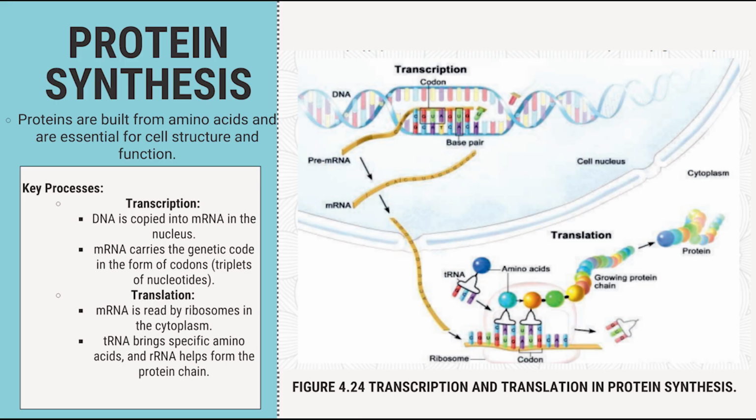The second one is translation, in which messenger RNA travels to the ribosome in the cytoplasm, where transfer RNA brings amino acids to build a protein. The ribosome reads the messenger RNA code and assembles the amino acids in the correct order. Check out Figures 4.22 and 4.24 to see how this process works.